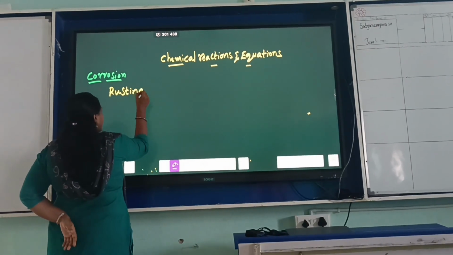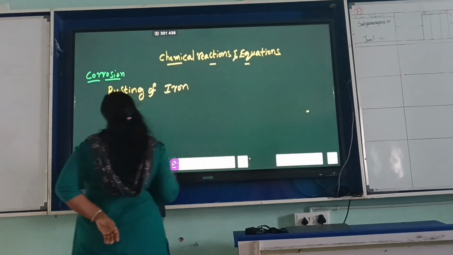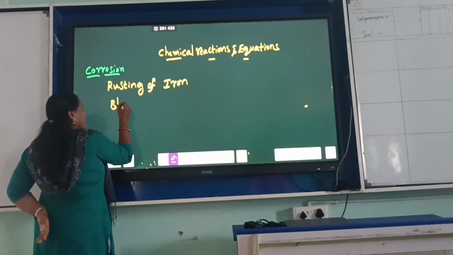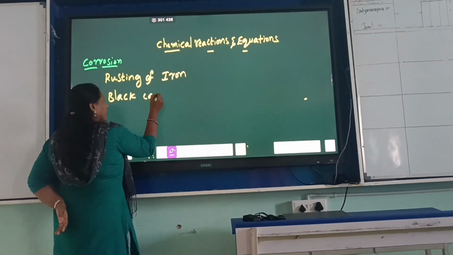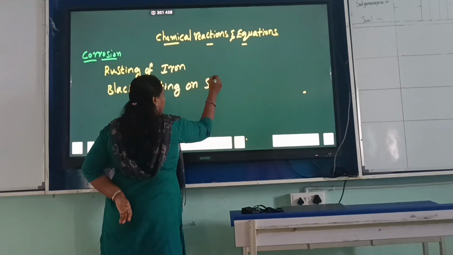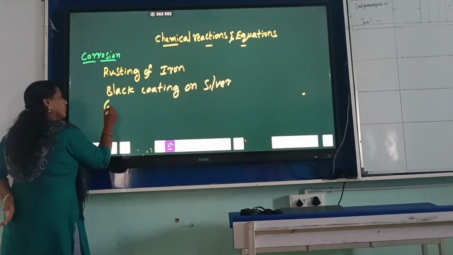So CuO plus H2 in the presence of heat forms Cu plus H2O. Copper oxide gets reduced and H2 gets oxidized. At the same time, zinc oxide plus carbon gives Zn plus CO. That is also a redox reaction. And MnO2 plus 4HCl gives MnCl2 plus 2H2O and chlorine.